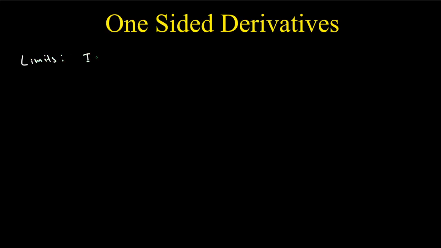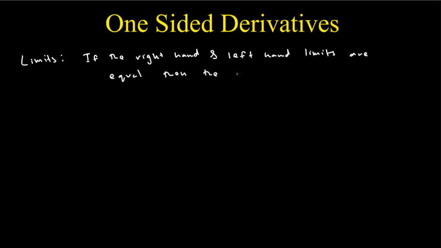If the right hand and left hand limits are equal, then the limit at point x exists, right?